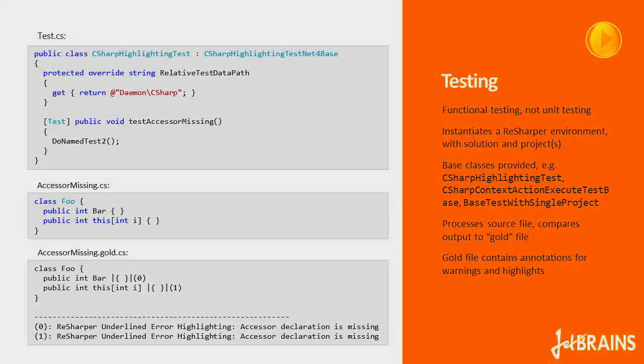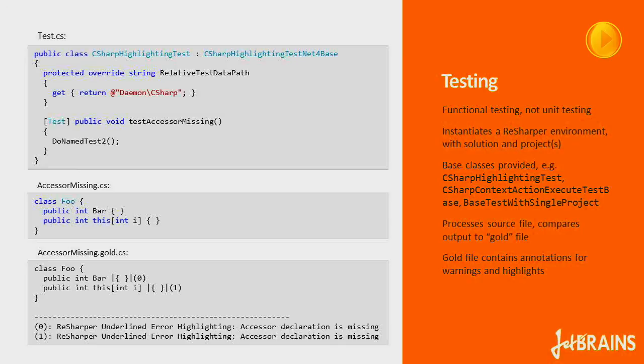So the test we've got here, for example, is deriving off a base class provided by the SDK, and it provides a path to files on the file system. It has a simple test called test accessor missing with a single method call in there called doNameTest. That will take the name of the test, accessor missing, and load up the accessor-missing.cs file. It'll add that into the in-memory project that the in-memory ReSharper environment is running at the moment.